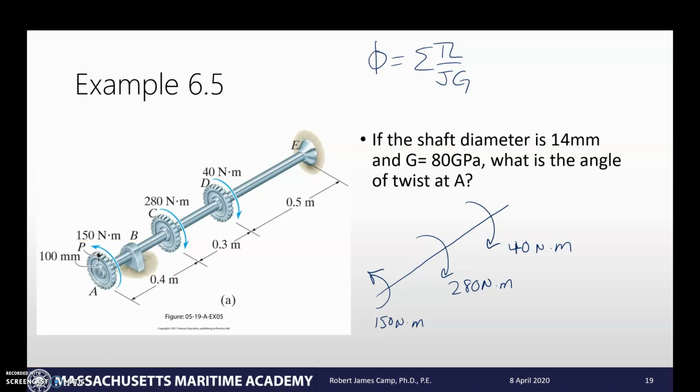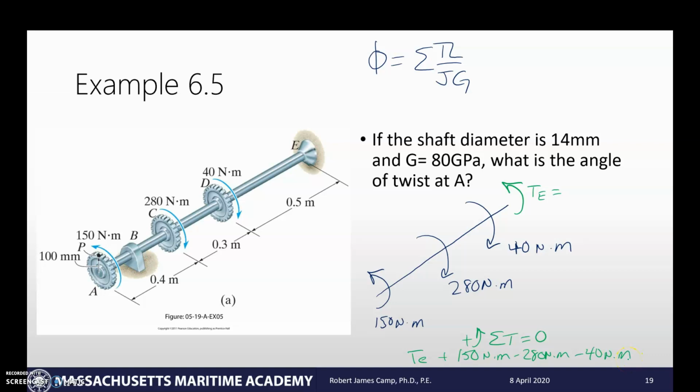And so I can sum all of the torques, taking counterclockwise as positive, and that has to equal 0. I'm pretty sure the external torque is going to come out that way, so we'll call that the torque at E. What we have is the torque at E plus 150 newton meters minus 280 newton meters minus 40 newton meters.